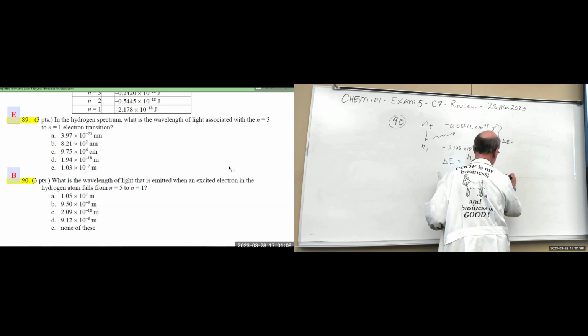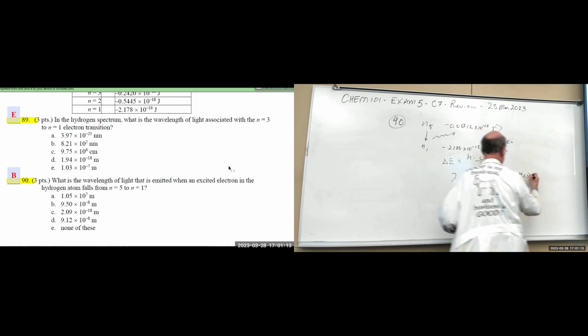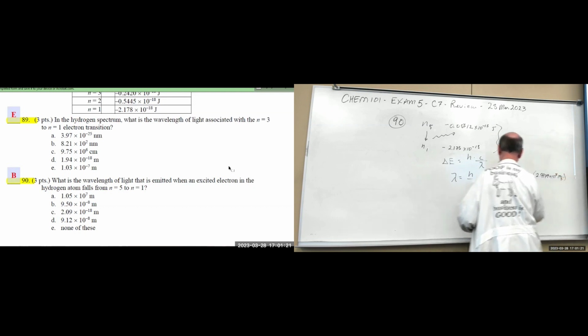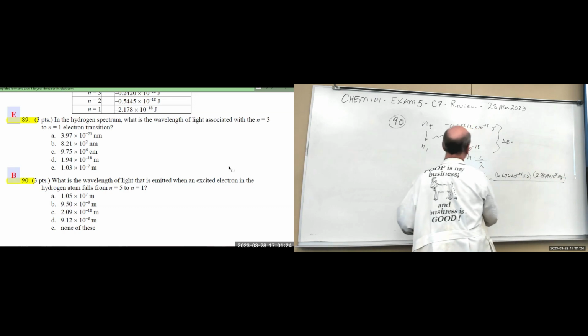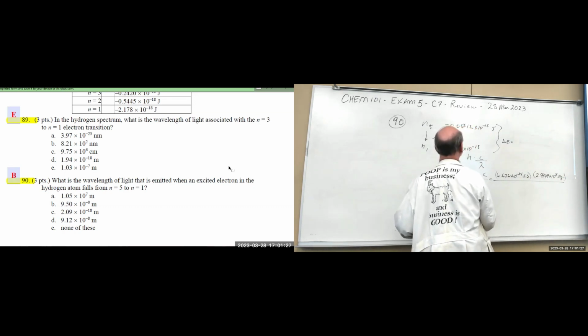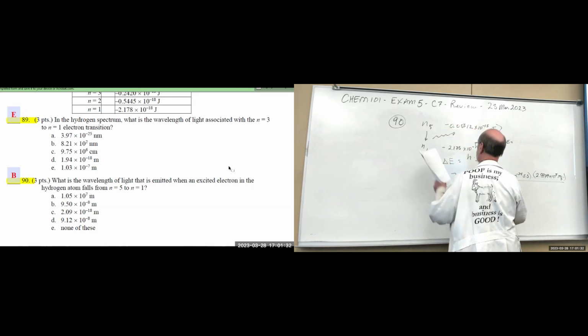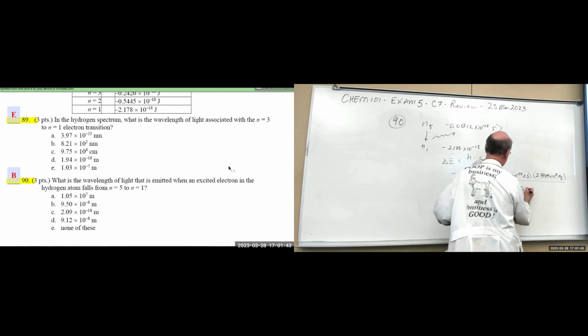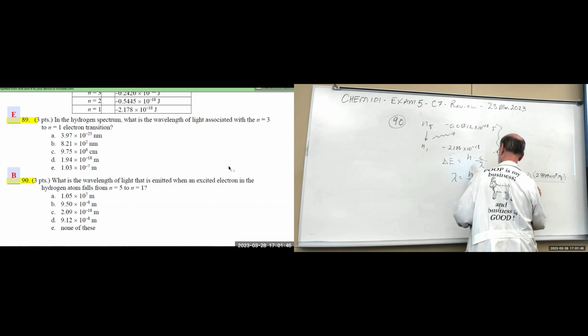Planck's constant, joule seconds, times the speed of light, and divided by the absolute value of minus 2.178 minus a minus, which will be a plus 0.0812.